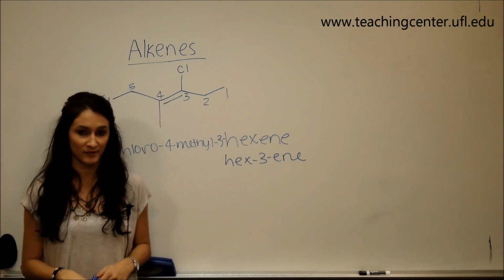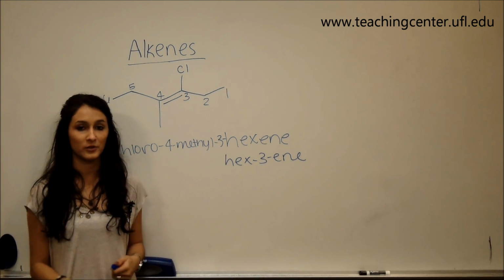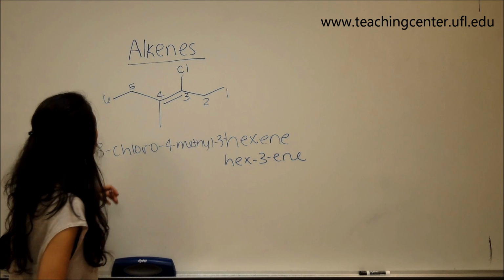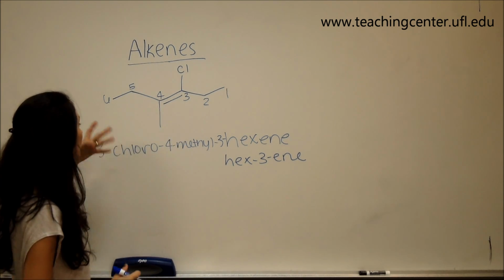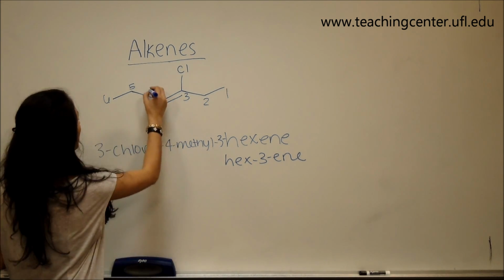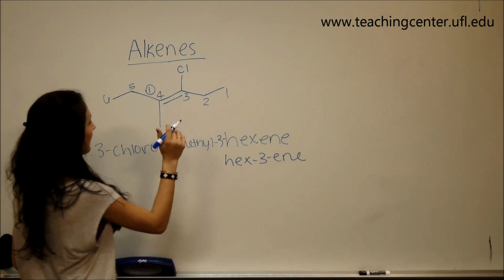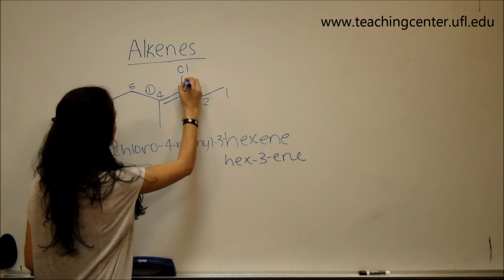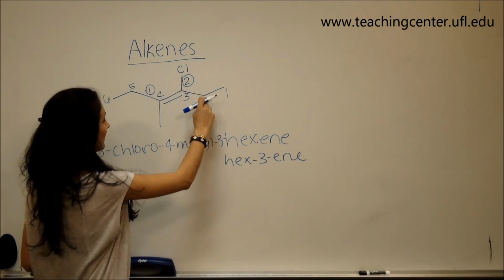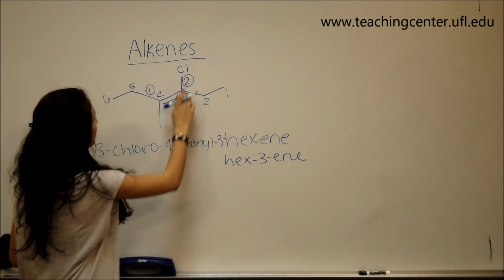So what's the last thing we have to include here? The last thing we have to include is E and Z nomenclature. So when you're looking at the alkene, the number 1 priority on the left side would be this one. And the number 1 priority on the right side would be the chlorine, because a chlorine is going to be better than a carbon.